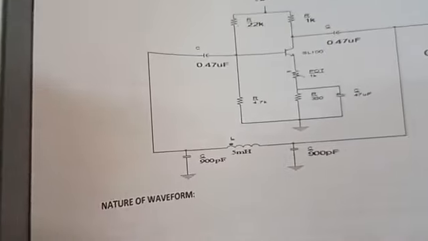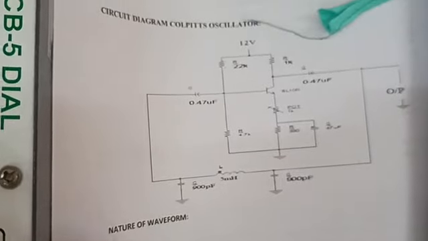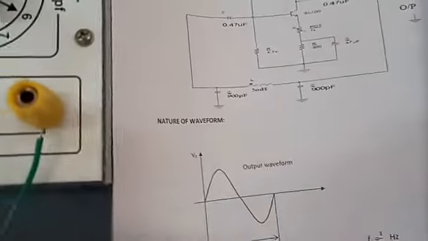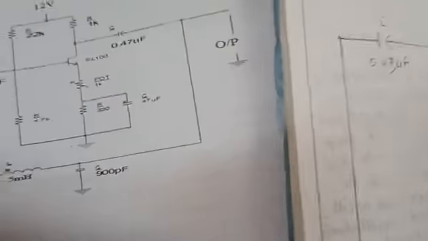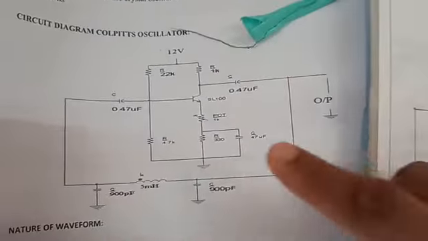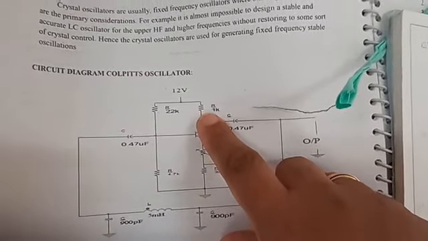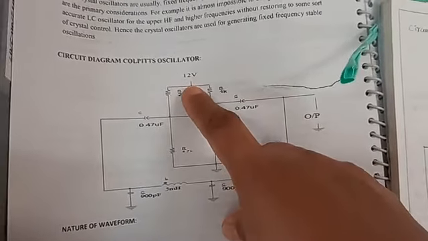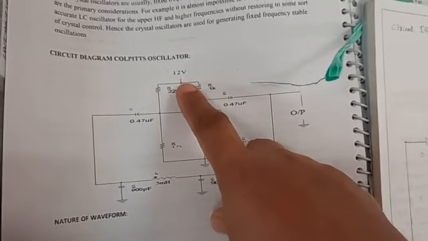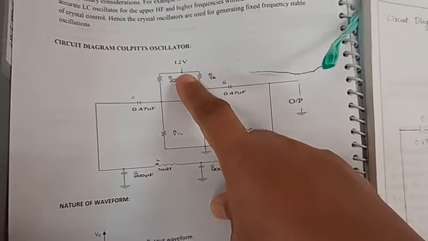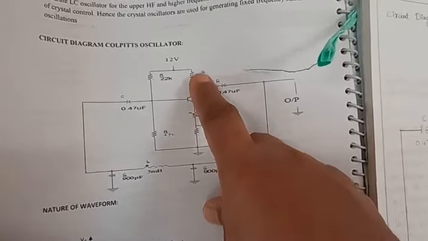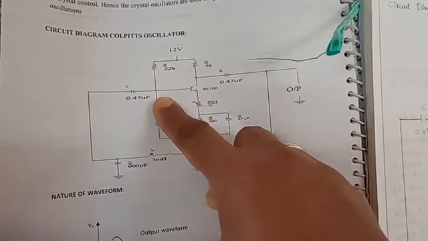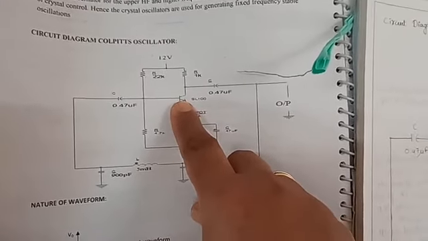The rest of the connections are done as you already know. I will show you how to connect. The collector region is connected to 1K, and from 1K to 12 volts. Then 1K and 22K are connected in series, and connected to the base.